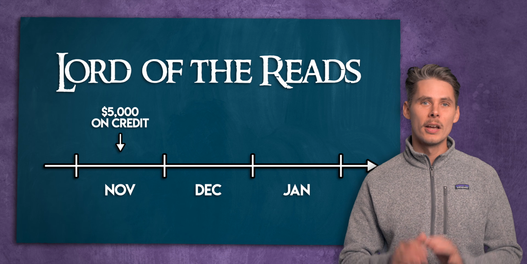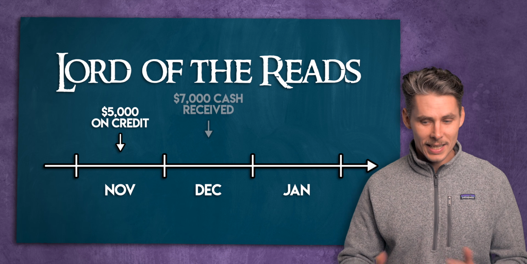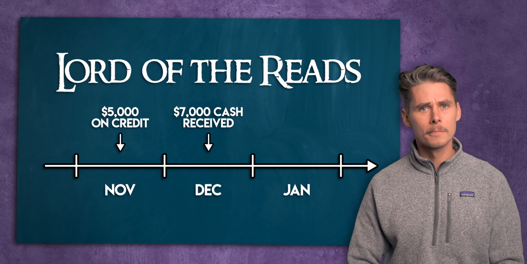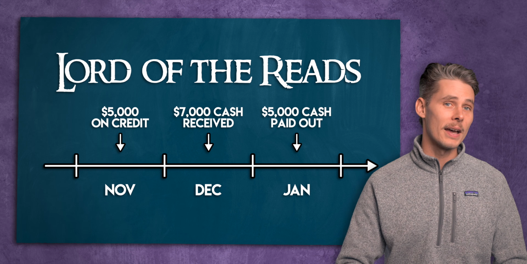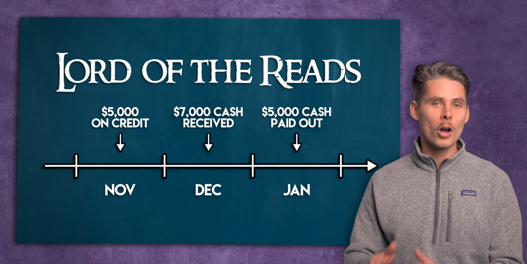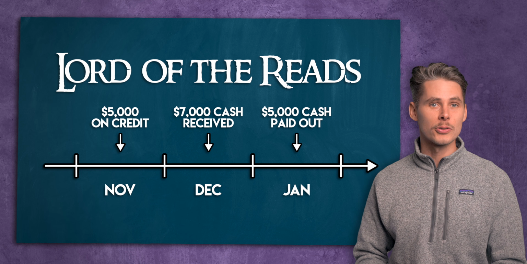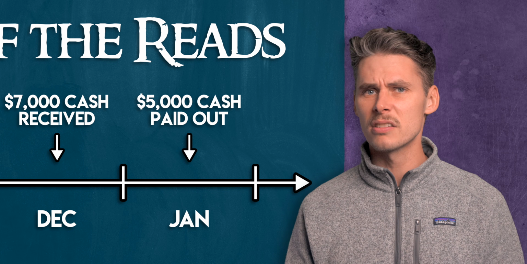Then December hits, customers flood through the doors, and you sell every one of those books. $7,000 in cash lands in your account. Great month. Then in January, the publisher's invoice comes due and you pay them their $5,000. So across these 3 months, you spend $5,000, you earn $7,000, so your profit should be $2,000, right?